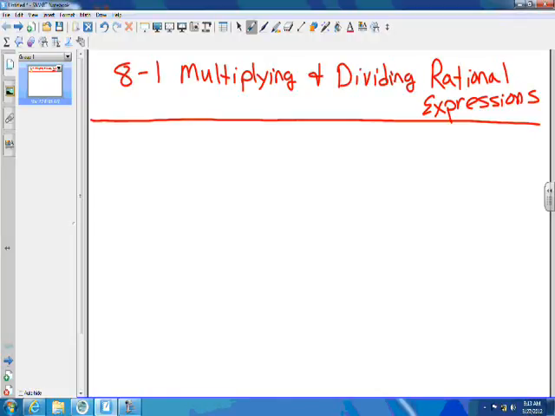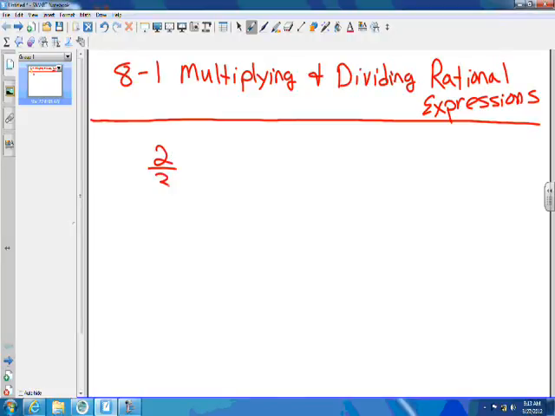Not a radical expression, a rational expression. What's rational? Fractions. Rational would be alluding to fractions. So that's what you're going to be doing. Basically, it's multiplying and dividing fractions.